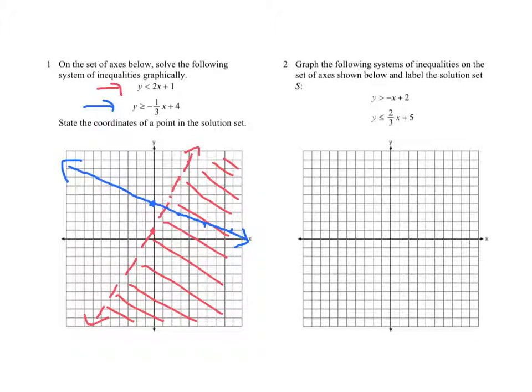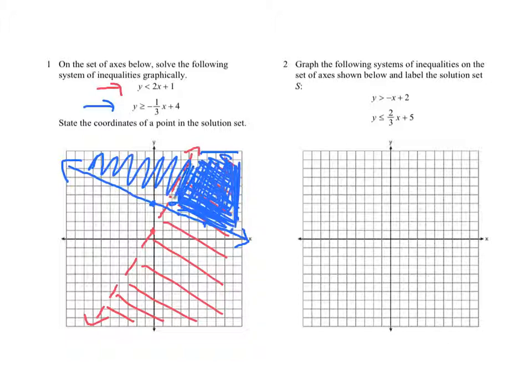And now that's a solid line, and it says it's greater than or equal to, which means I shade up. And so you can see the area that is the solution is going to be the double shaded area. So I'm just going to make that a little bit darker. I don't get the purple, but the solution is going to be right there. So that's how you graph it. So let's do one more for practice.